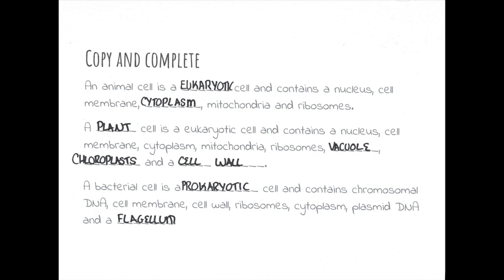Remember, those are 3 extra organelles we add onto our plant cell compared with our animal cell. And lastly, a bacterial cell is a prokaryotic cell and contains chromosomal DNA, cell membrane, cell wall, ribosomes, cytoplasm, plasmid DNA and a flagellum. How well did you do? If you want to test yourself again, please just rewind the video and do so.